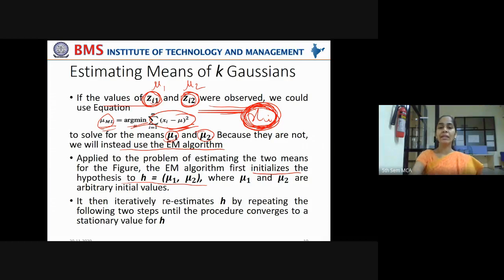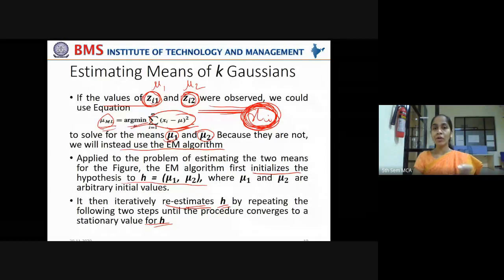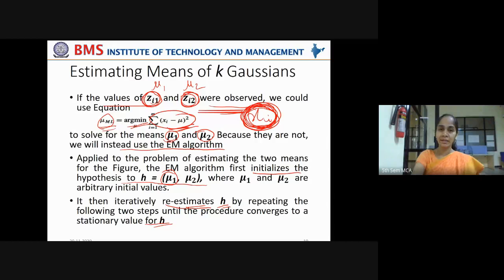It then iteratively re-estimates the hypothesis h by repeating the following two steps until the process converges to a stationary value for h. As you go on guessing zi1 and zi2, if your guess is correct, it will stop. If it is still not correct, in order to assign some maximum likelihood to either mu1 or mu2, it will iterate again and again.